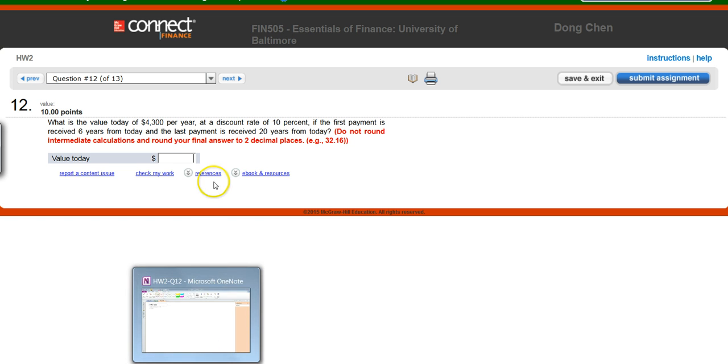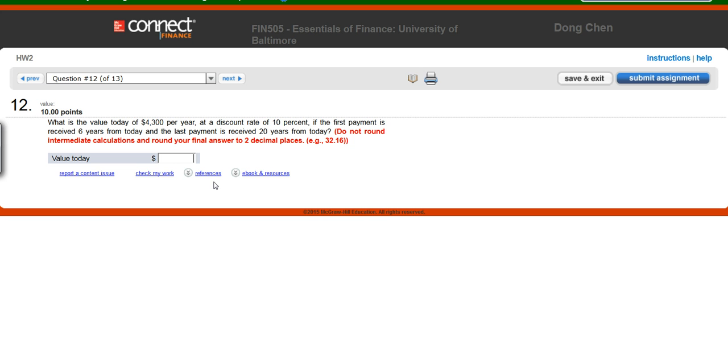But sometimes the first payment may not start from year one. Like in this example, it actually starts from year six. So this is question number 12 in your homework number 2. Let me first read the setup.